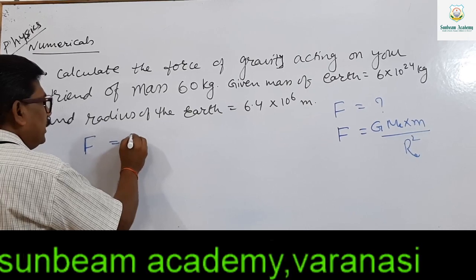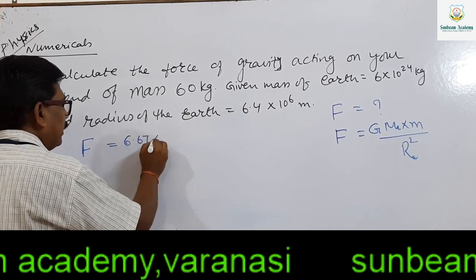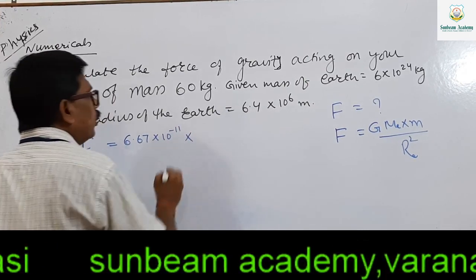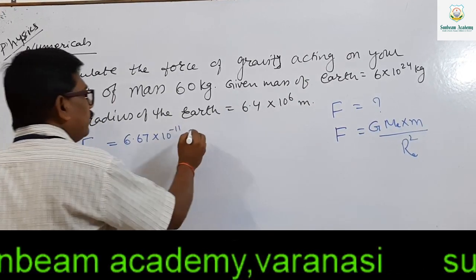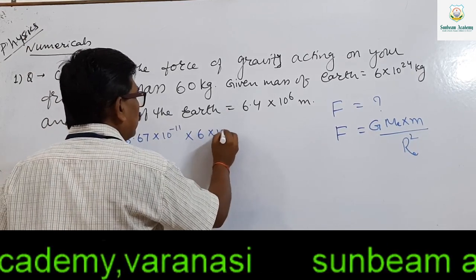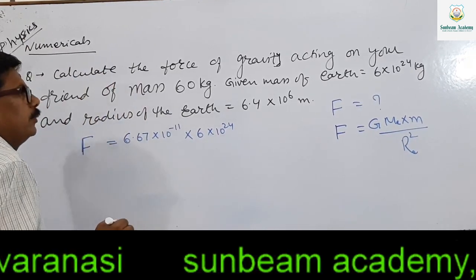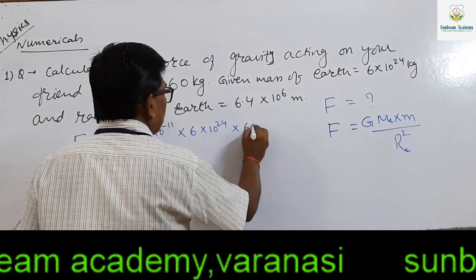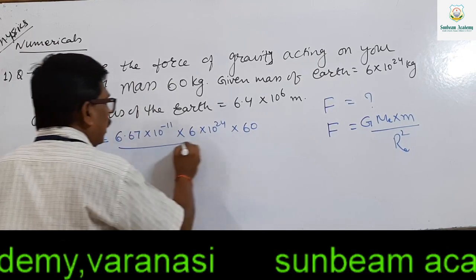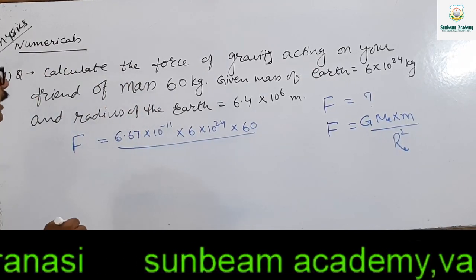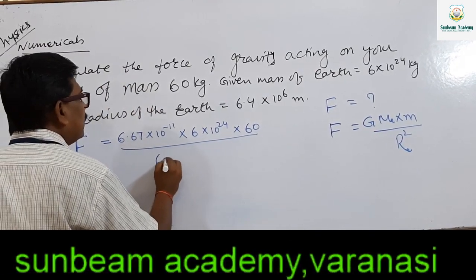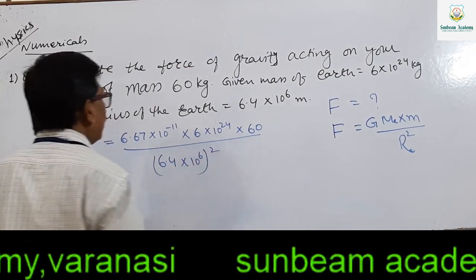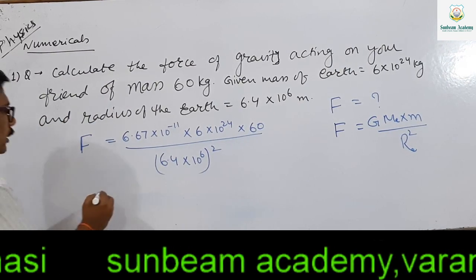The value of G is 6.67 into 10 to the power minus 11 into ME, the mass of the earth, given 6 into 10 to the power 24 kg, and mass of the object given 60 kg, upon RE square, radius of the earth given 6.4 into 10 to the power 6 whole square.